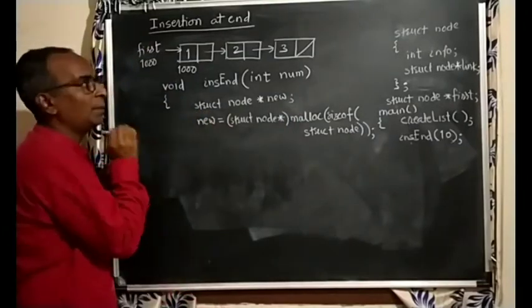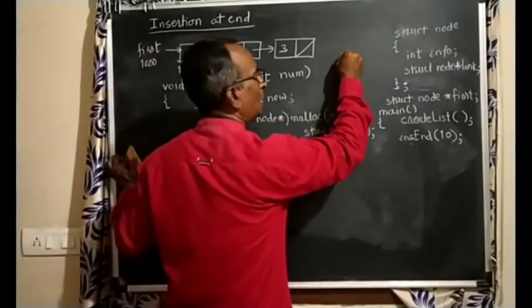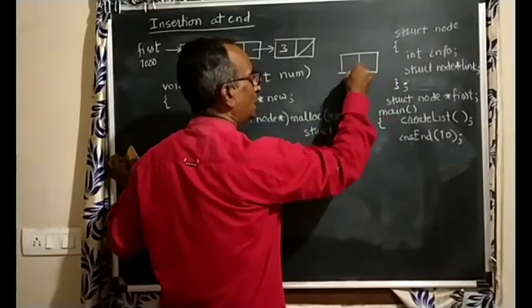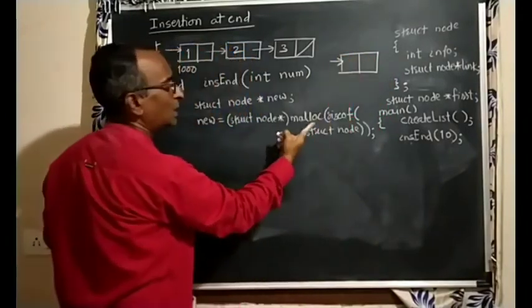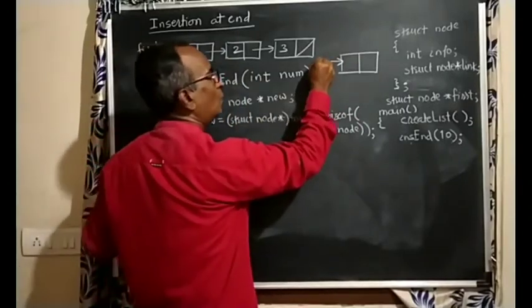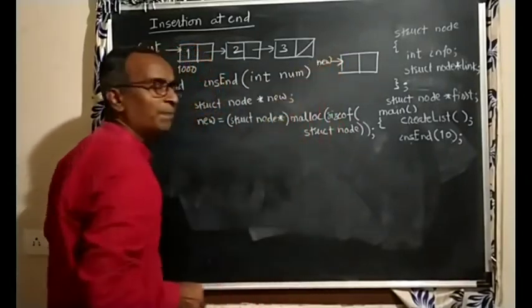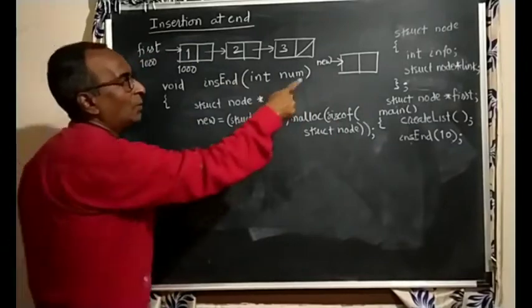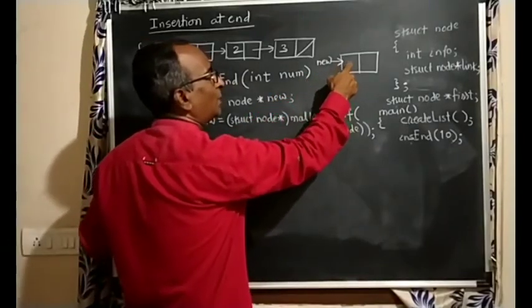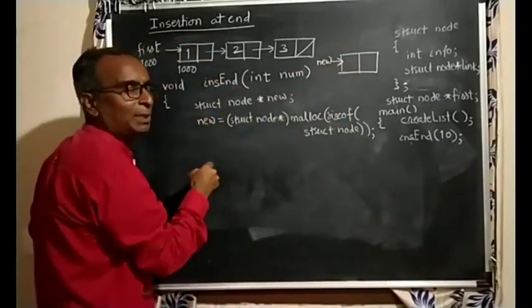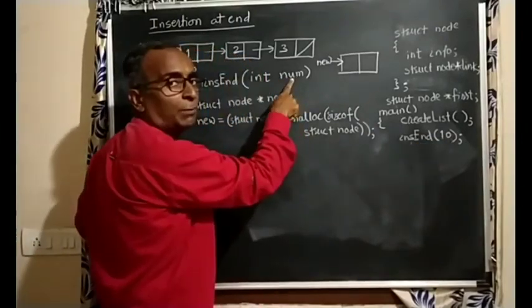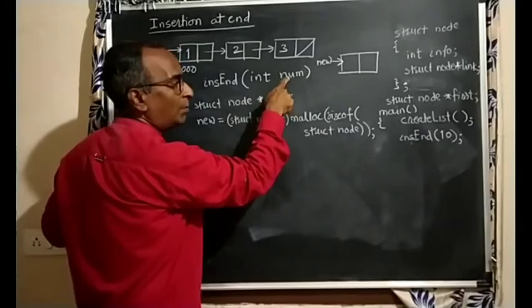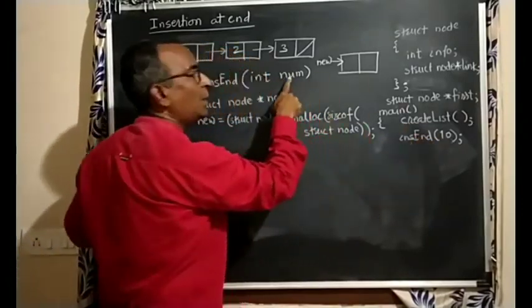Memory is allocated. So I'll show it pictorially. See this node, this much size. Struct node size is allocated. This block of memory is pointed to by new. This is new. Now I'll give the information field of this. What will be the information field? I am passing that to a function, so in num this 10 will be copied.